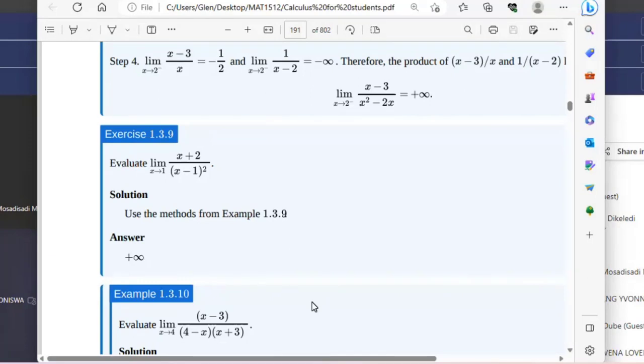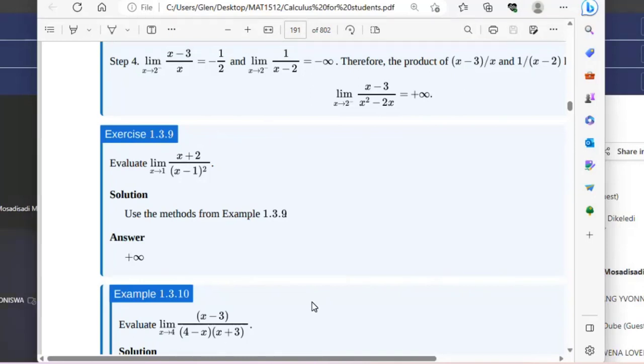But if you get 0 in the denominator, you will have to rationalize the limit. That's all I know. Was that Vuyo? Yes, sir. Thank you, my brother.